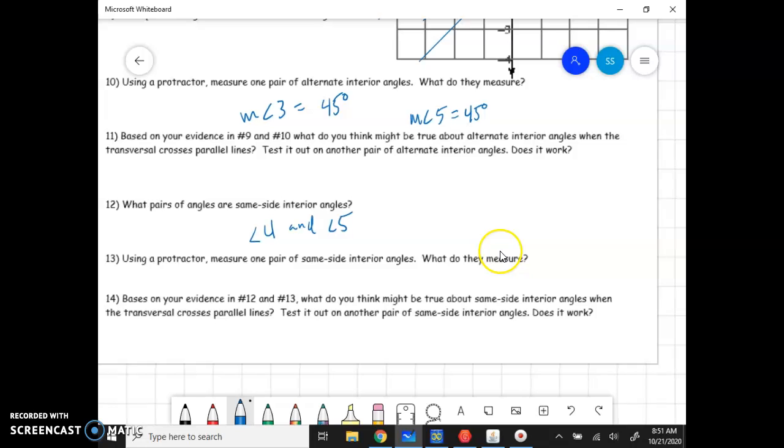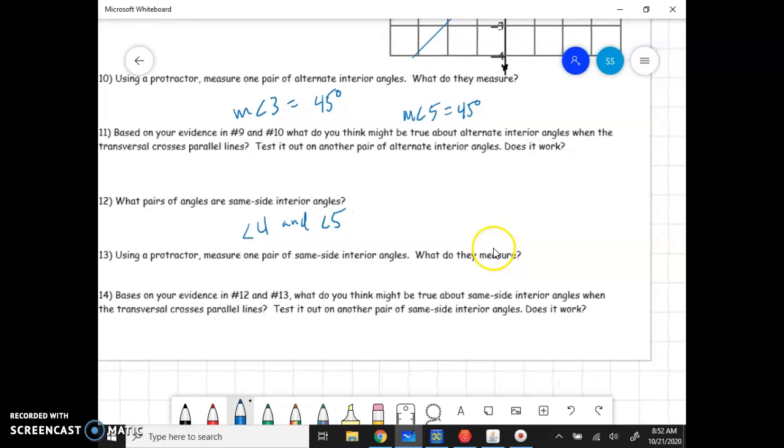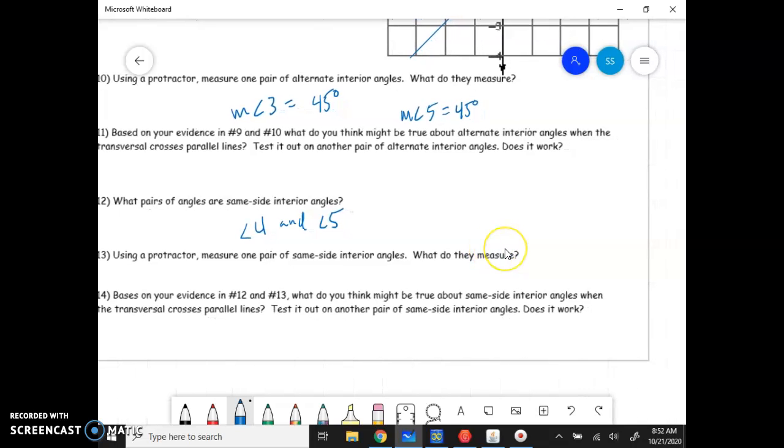You could mention the other pair. Then, using a protractor, measure one pair of same side interior angles. We just did that for angle 4, and the measure of angle 4 was about 135. We already know from number 10 that the measure of angle 5 is equal to 45.